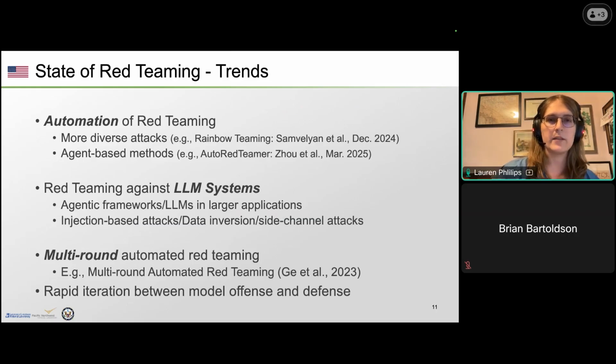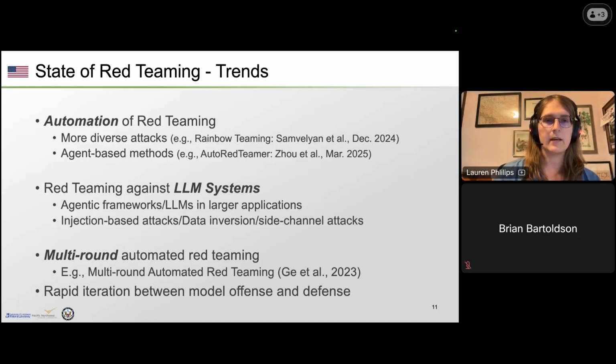Some general trends that we have been seeing in the last year or so are increased automation of red teaming, and specifically creating more diverse attacks so that we can get a better sense of the entire threat landscape, as well as incorporation of agent-based methods to perform automated red teaming.